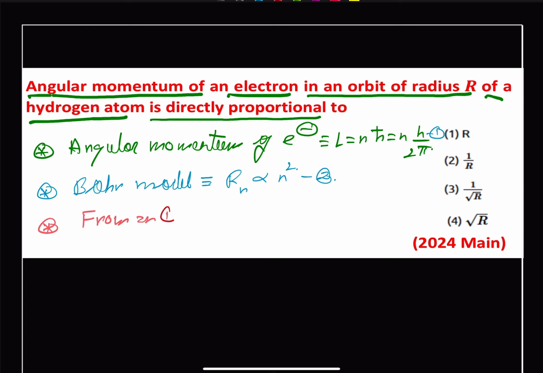from equation 1 and 2, we can write that our n is directly proportional to square root of r, which can be further written as our L is directly proportional to n, which is directly proportional to square root of r.